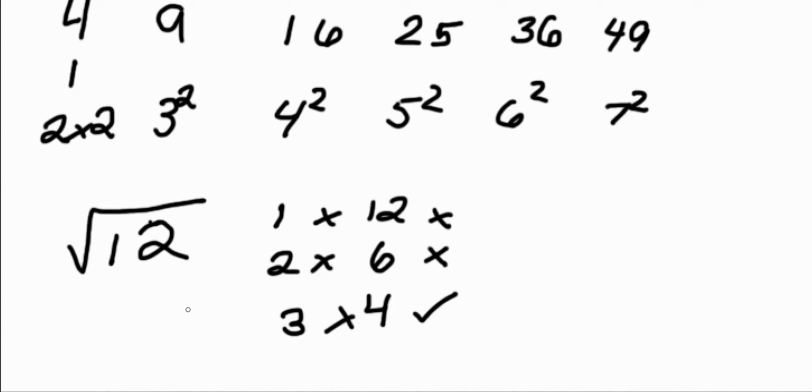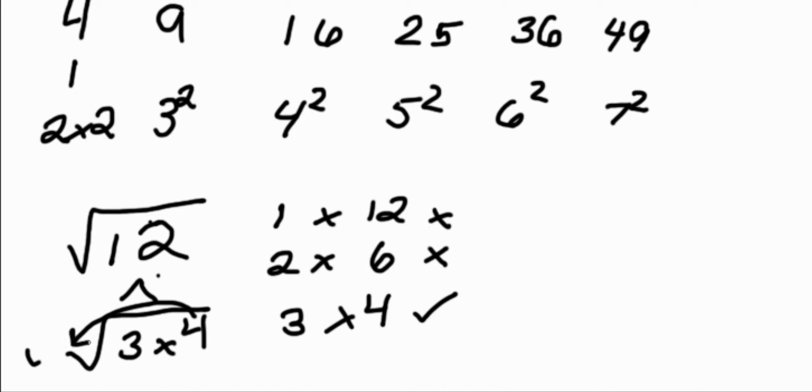4. So we can rewrite this as the square root of 3 times 4. We know the only way to leave the radical house is by being a perfect square. So we can take this 4 out, but how must it leave?